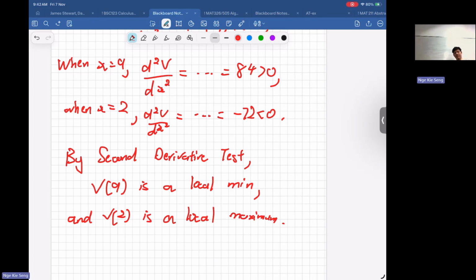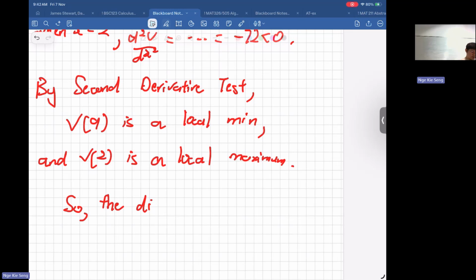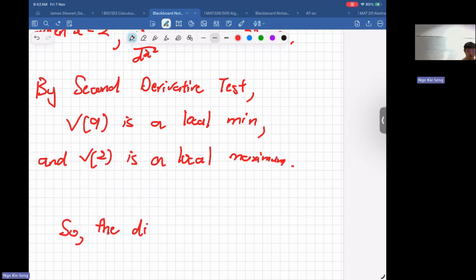So there's no boundary case to worry about. So this local maximum should be the maximum we want. Maybe to be safe, just compare.